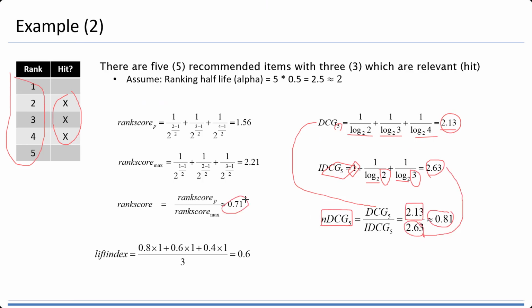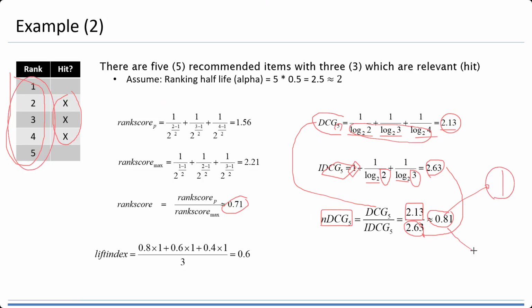How to interpret it? If it is near 1, then the ranks of those items are the same or near those of the recommended model.